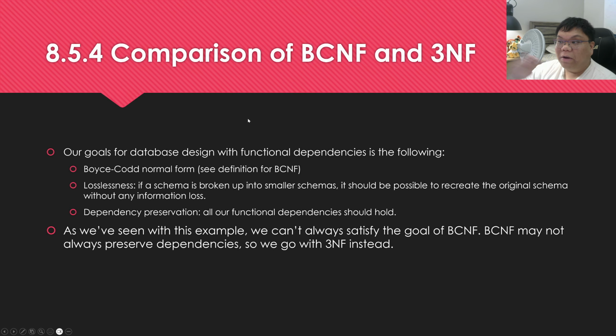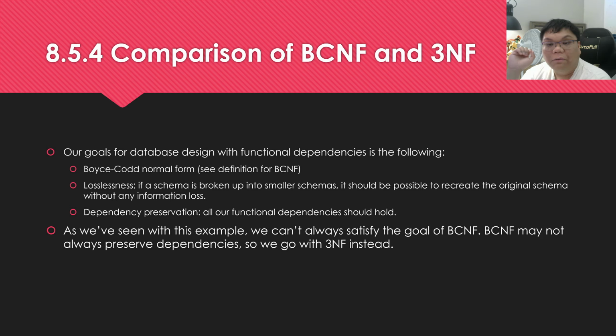So Boyce-Codd normal form and third normal form. Let's talk about our goals for database design with functional dependencies. Ideally, we want our schemas to be in Boyce-Codd normal form. We want our schemas to be lossless. We are basically breaking down schemas into smaller ones that we say are normalized. When we do so, it should be possible to recreate the original large schemas without any information loss.